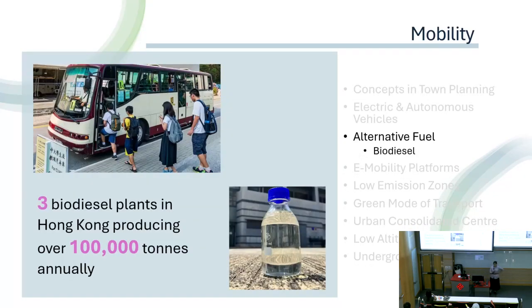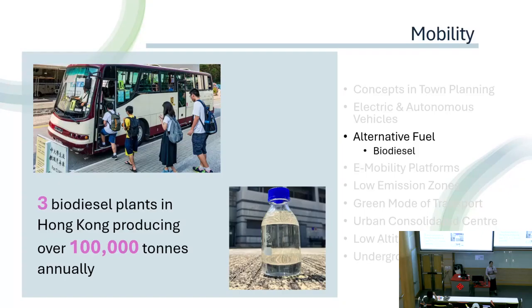Alternative fuels you can consider as an advanced technology. It's not so much used right now in Hong Kong because not so much is known about them. What we've managed to get together is that there are biodiesel cars or buses operating in Hong Kong, at least one of them, I think it was a school bus, and that was more of a trial.